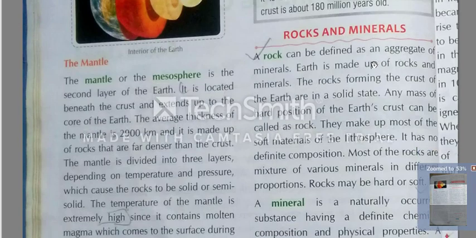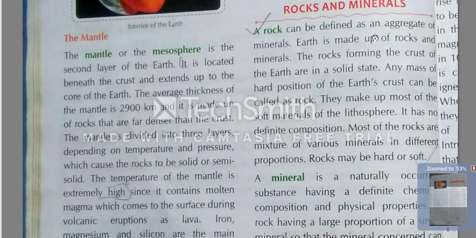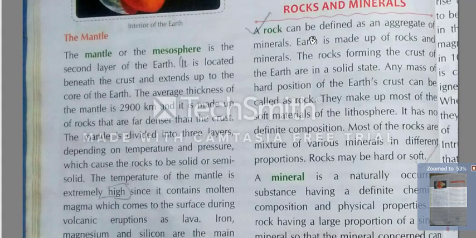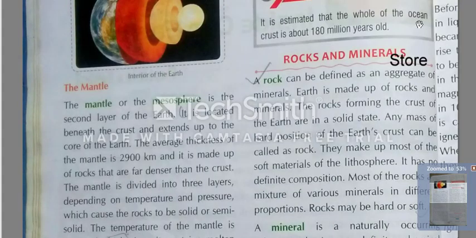Rocks and minerals. Clear? A rock can be defined as an aggregate of minerals. Above I have written its synonym, store. Store means collection. So a rock can be defined as a store of minerals.